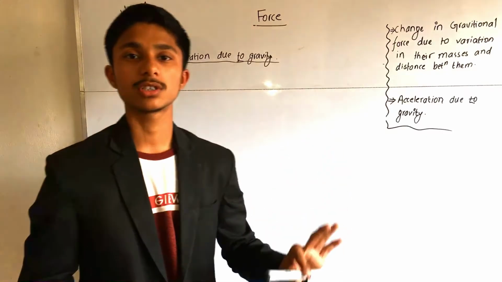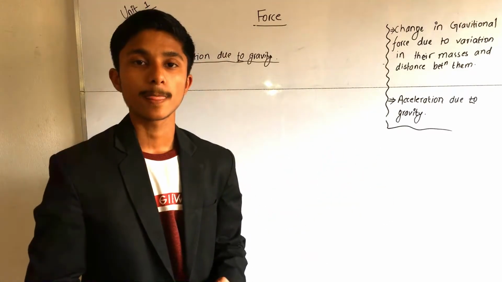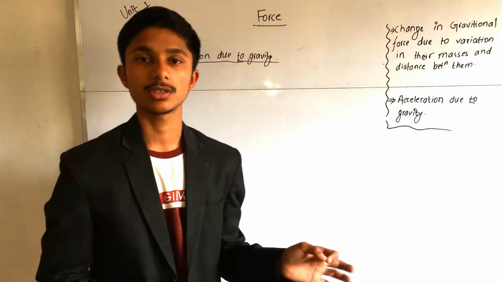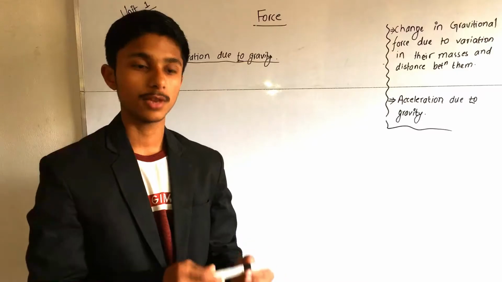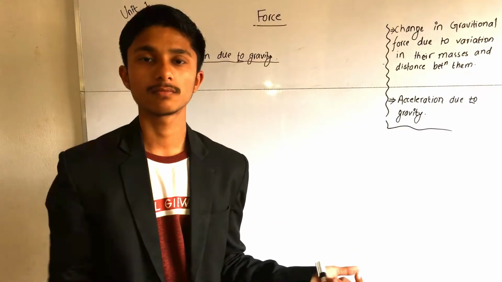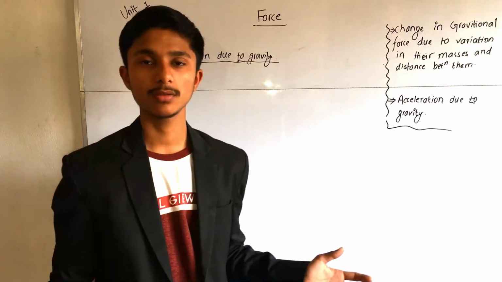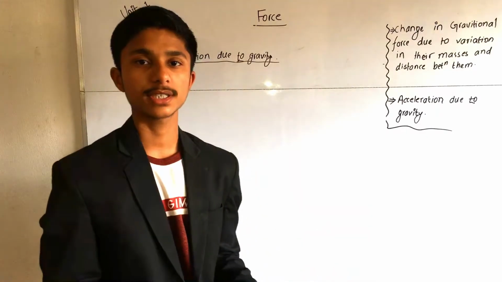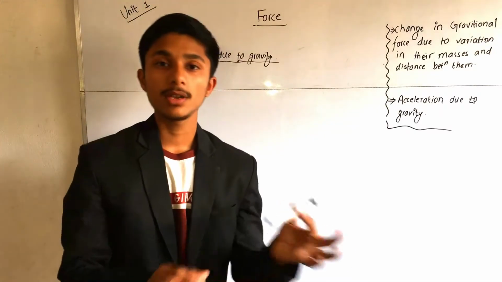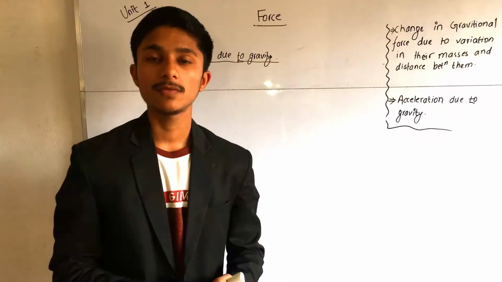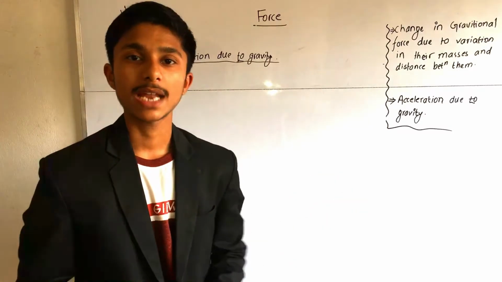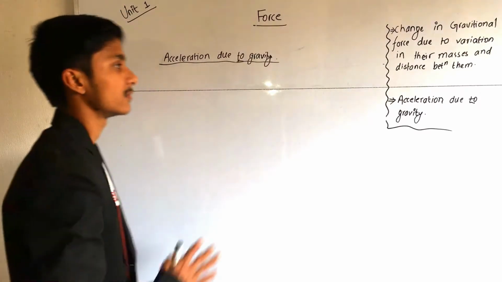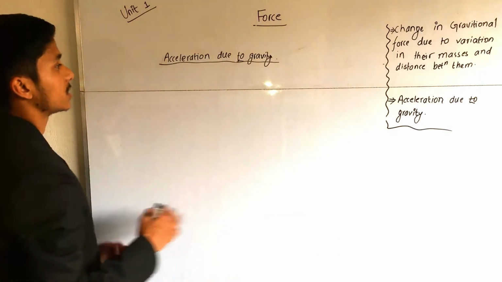So the rate of change in velocity in a freely falling body, means just falling, without resistance. We will discuss in our next lecture. The rate of change in freely falling body under the effect of gravity only is called acceleration due to gravity. Now we write here its fair definition.